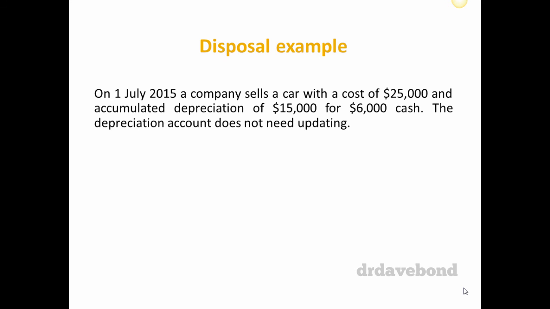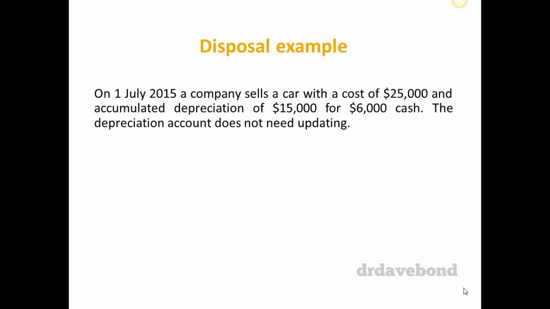So imagine we have a car, and sometimes it's easier to think about it from the T accounts. This is car accumulated depreciation, 25,000 on this side, $15,000 on this side. When we sell it, that account has to be 0, that account has to be 0.